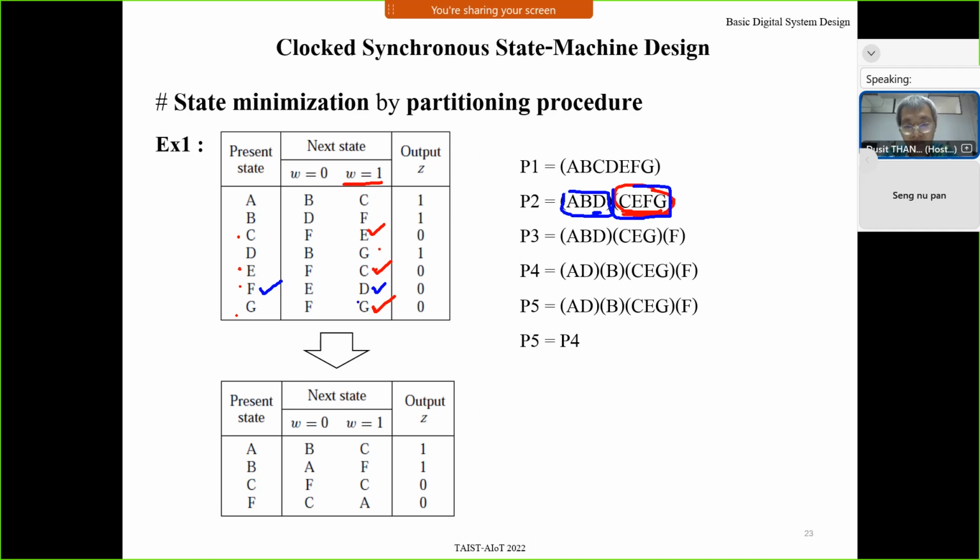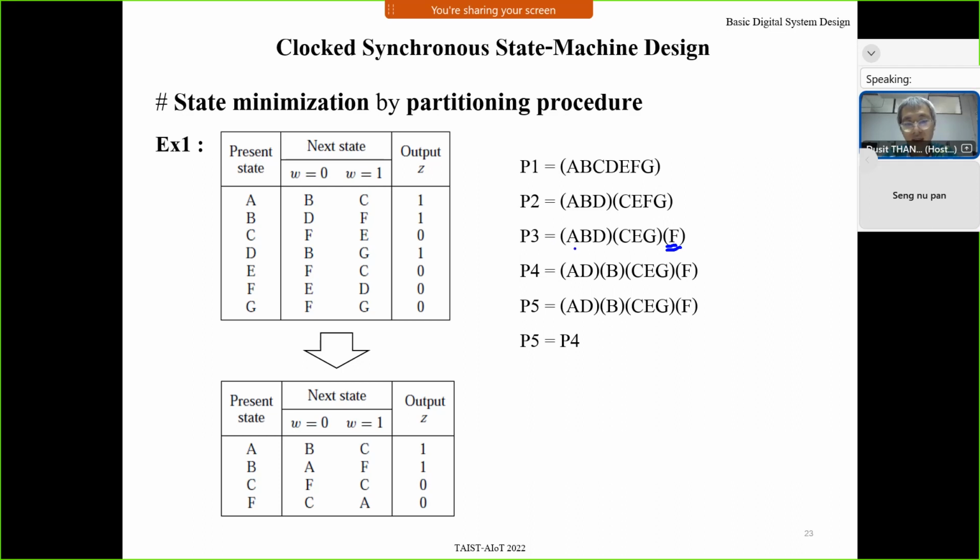That means this next state and this next state are different. So state F is not equivalent to C, E, G. So you can separate F from this group in the partition.